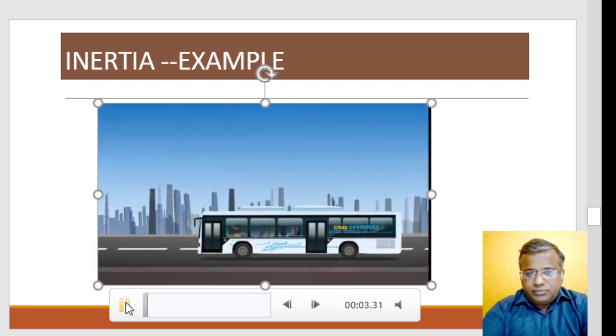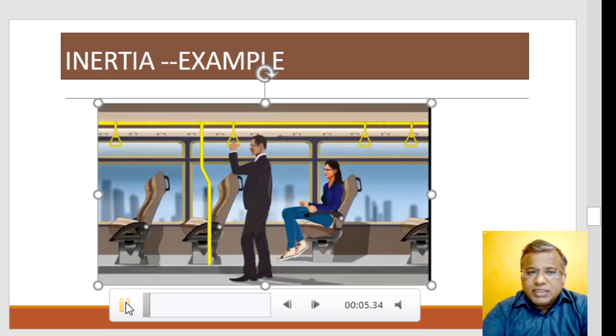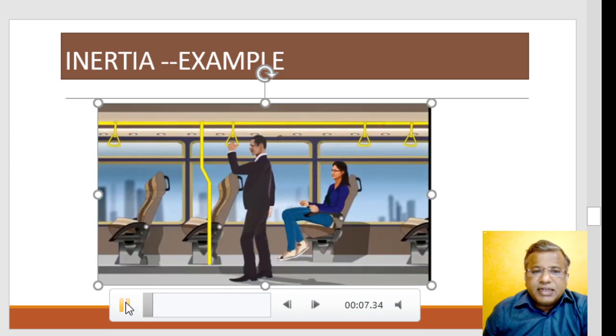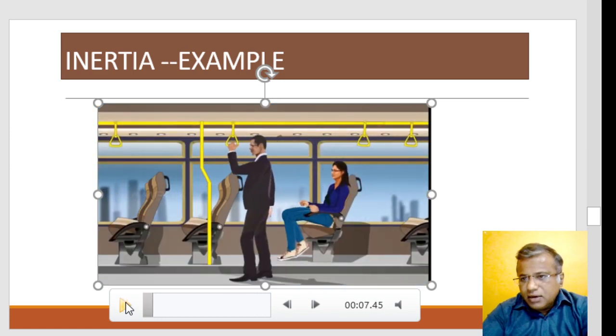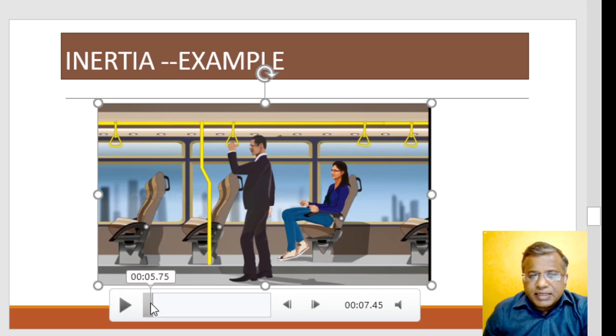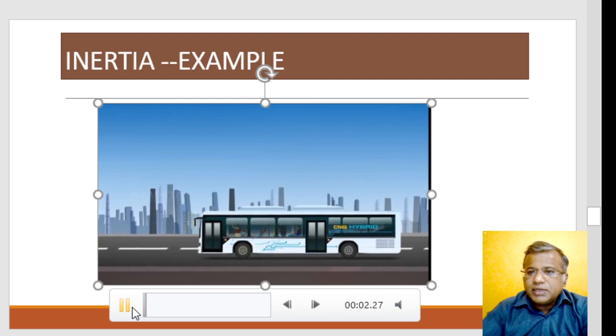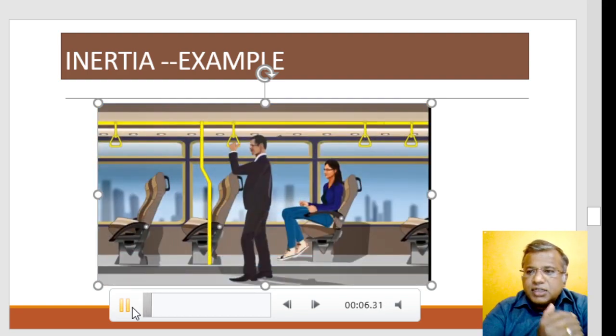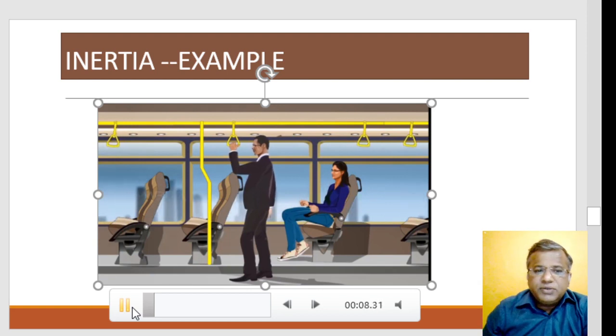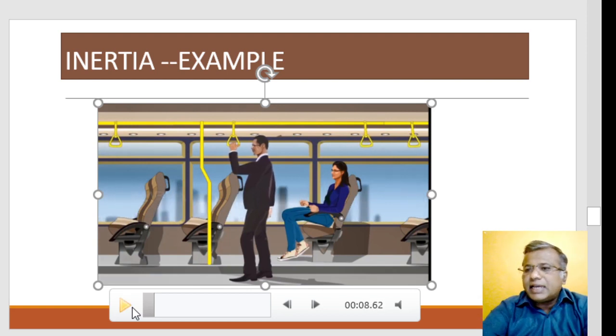Now the first situation is when the bus suddenly moves. If you would have observed carefully, initially the bus is at rest, and suddenly the bus starts moving in the forward direction, you can see that the person feels a jerk in the backward direction. What must be the reason? It's another example of which one? Inertia.